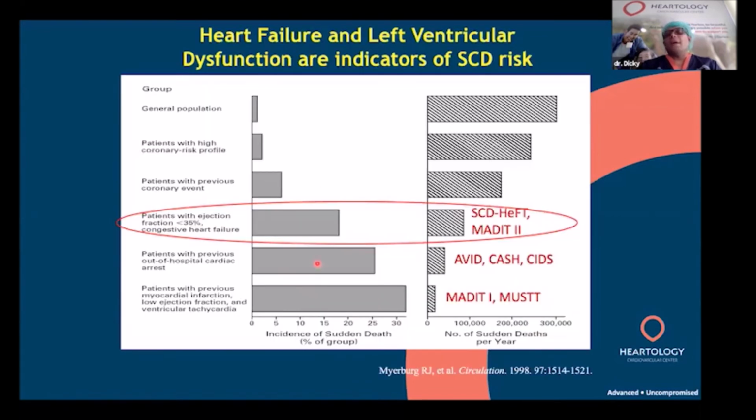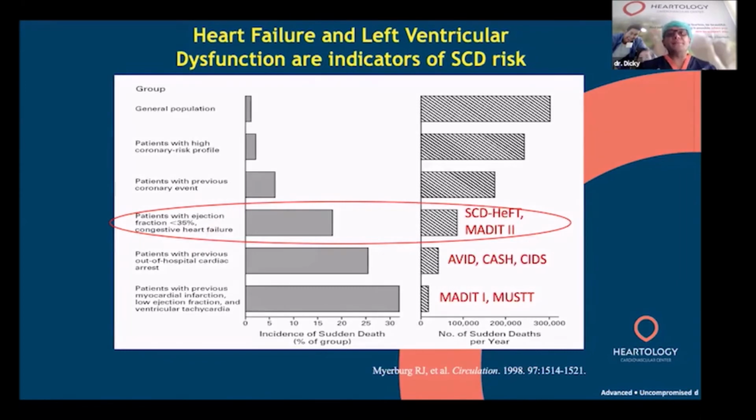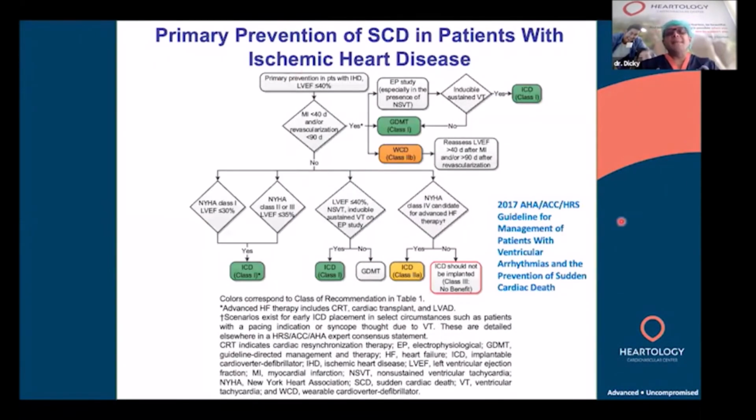There are a lot of studies showing evidence of heart failure and sudden cardiac death risk, the SCD-HeFT and the MADIT-II, which show that ICD, implantable cardiac defibrillator, can prevent death, especially in functional class 1 with an ejection fraction of less than 30%, or functional class 2 or 3 with an ejection fraction less than 35%. The ICD is a class 1 indication.